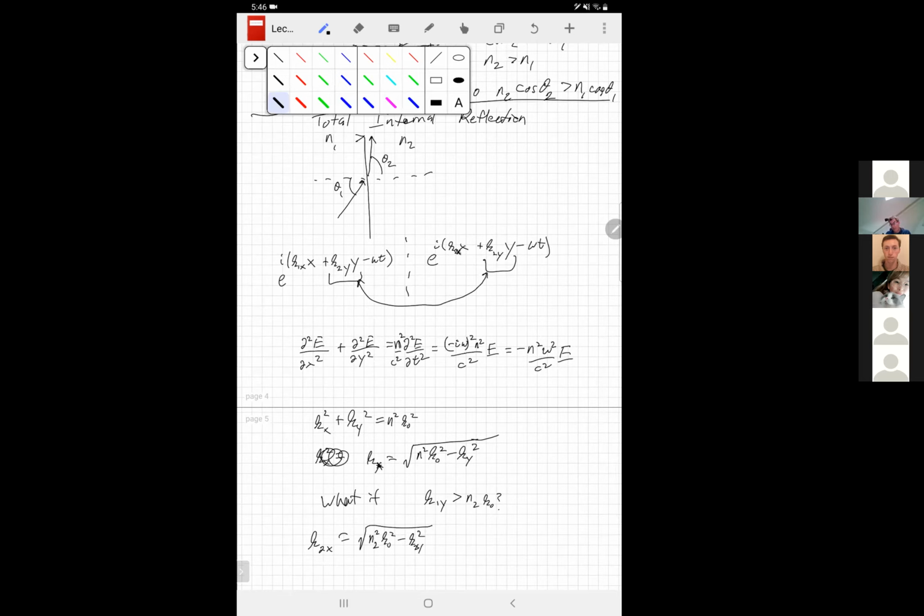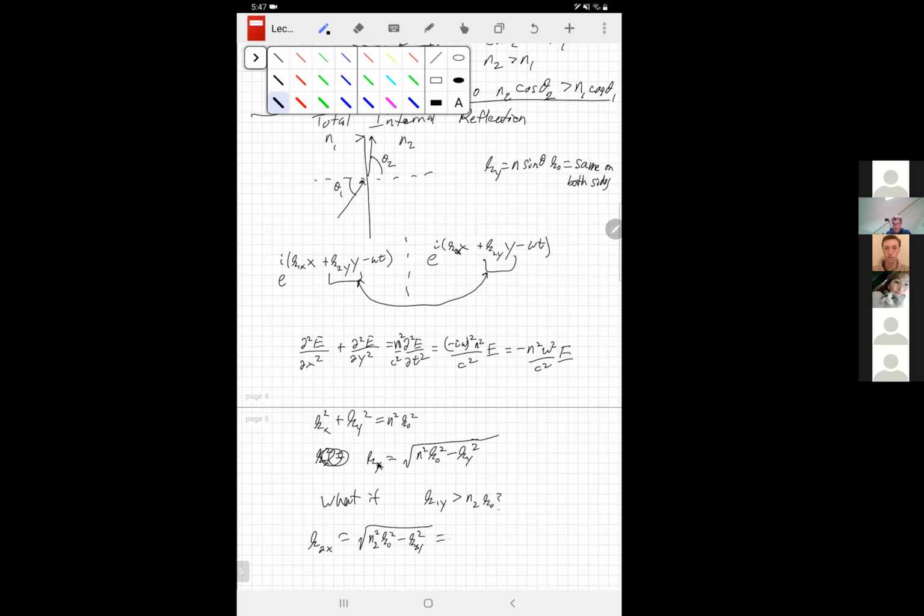You might be thinking, well, k1y is larger than that, but what about k2y? Well, ky is the same on both sides, because ky is n sine theta k naught, which is the same on both sides.